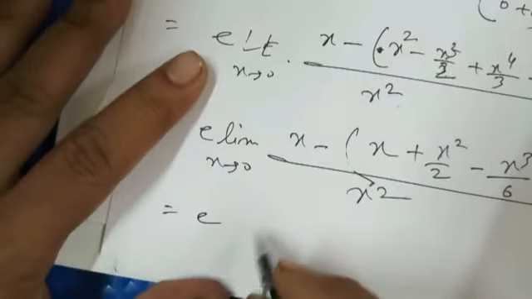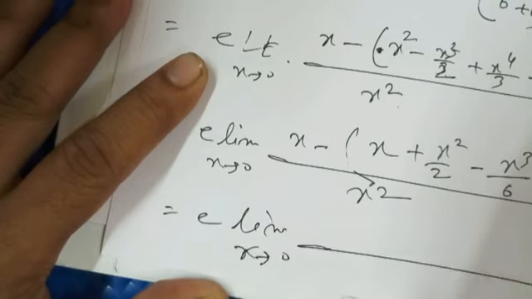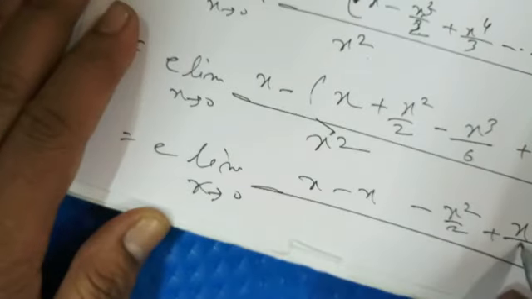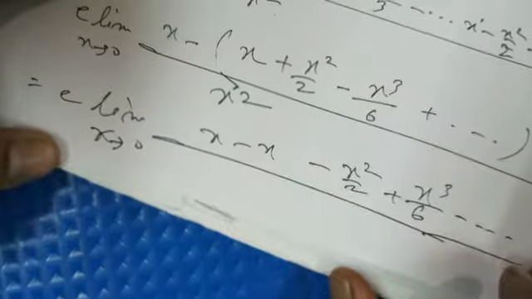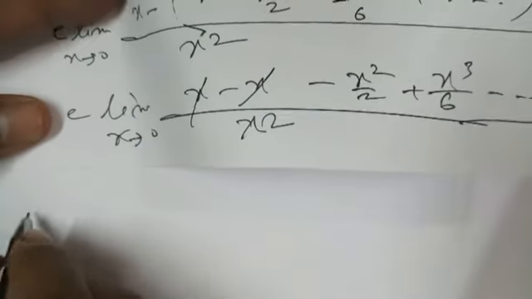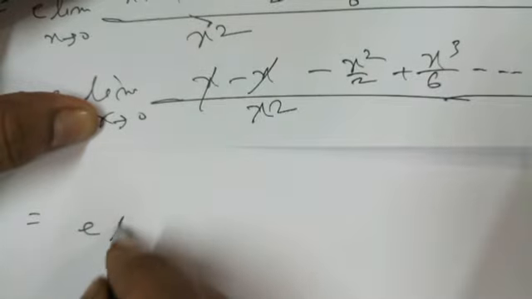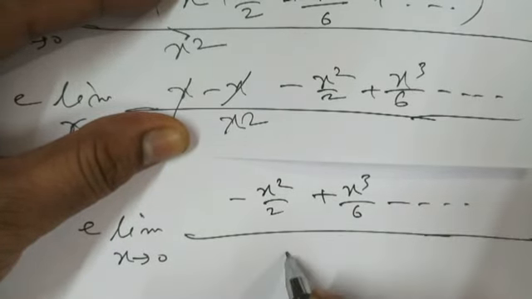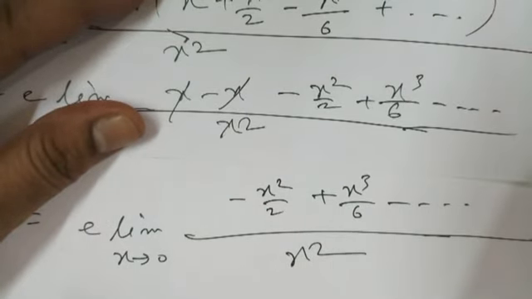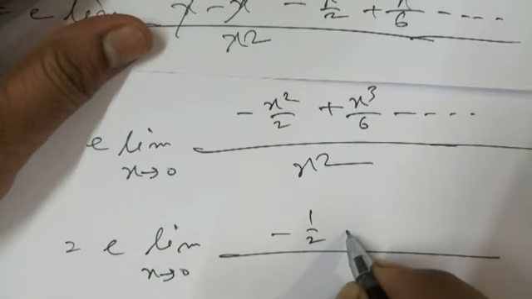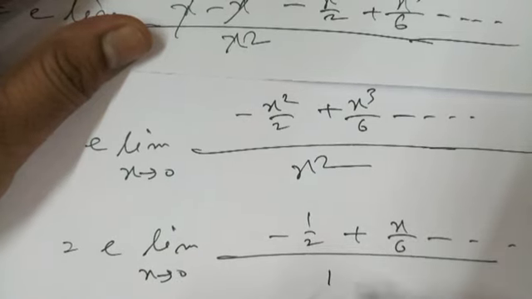And so after this e limit x tends to 0, and this is x minus x square by 2 plus x cube by 6, and this is this way, okay, and this under x square, and x is cancelled, so this is equal to e times limit x tends to 0, and the rest is minus x square by 2 plus x cube by 6 and minus in this way upon x square, and after division by x square, then this is limit x tends to 0, and this will be minus half plus x by 6 minus this, and so minus half.